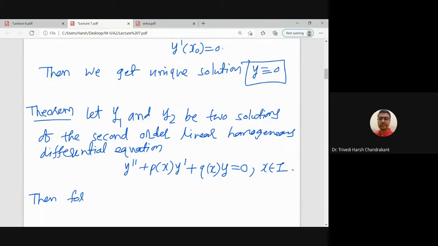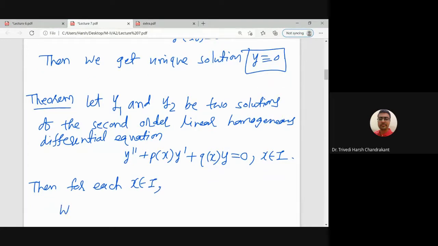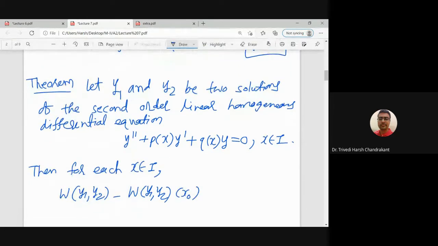Then for each point in the interval, we will get a certain formula of the Wronskian. So this formula is the Wronskian defined at x naught, evaluated at the point x, times e to the power minus the integral from x naught to x of q(s) ds. Right, so this is in the exponential power.